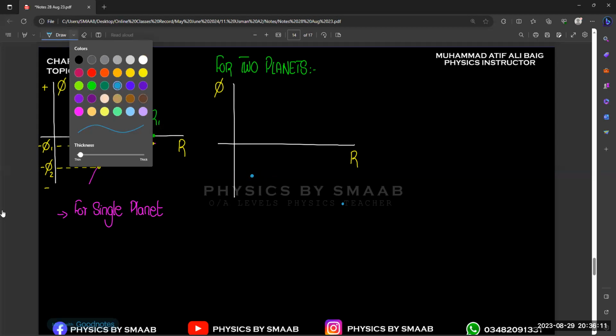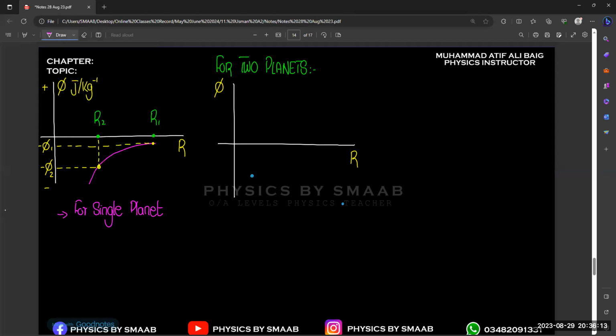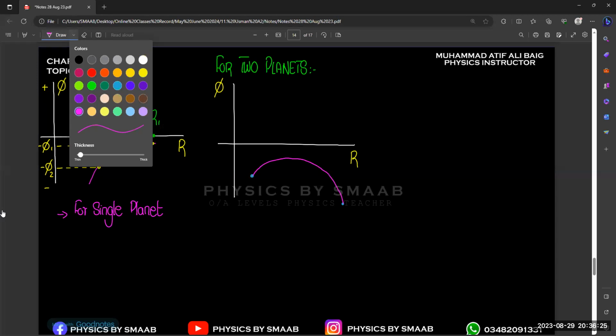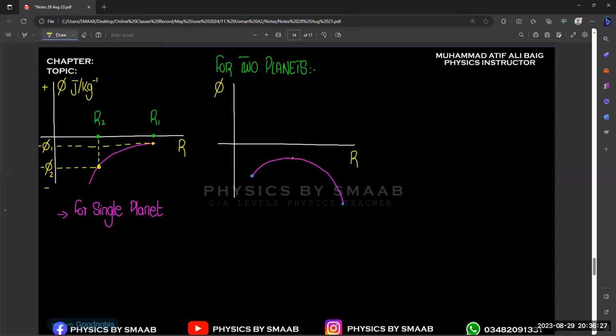Whenever we mark the gravitational potential here, we will again move in an exponential form, like this. And one more thing, let's suppose this is the point where the actual planet is, right?